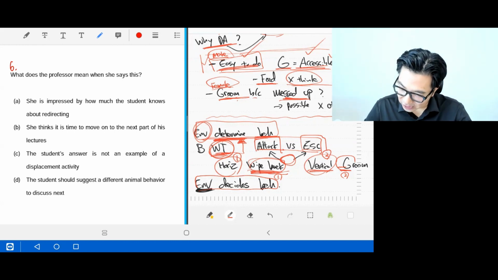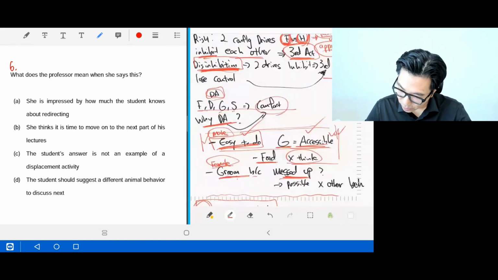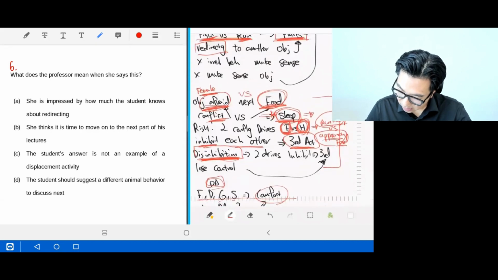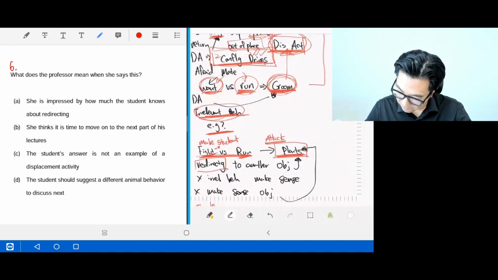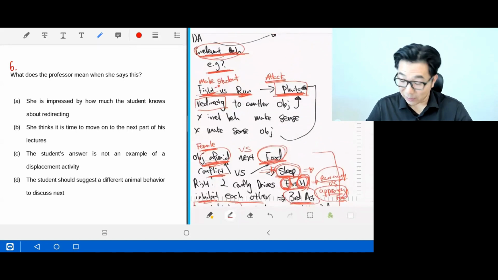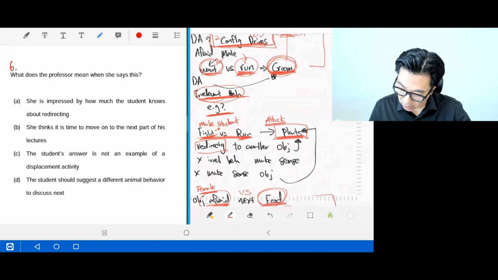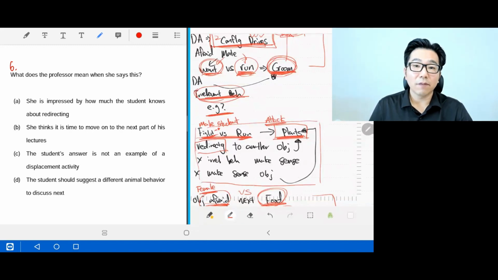Okay, so did you get everything? If we revisit our note to help you out, it was from, you don't need to know this. I mean, it's better if you knew, but you don't have to. That's what I'm saying. Okay. It was here, after the professor gives her example of a displacement activity of a bird.